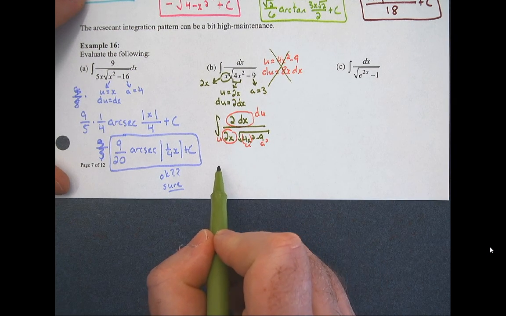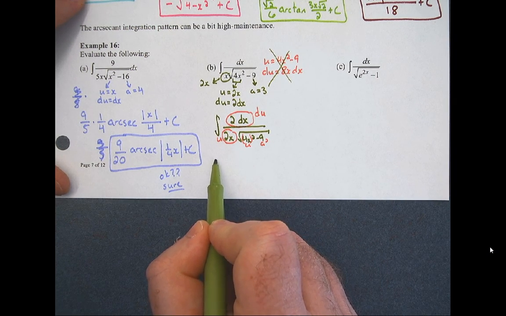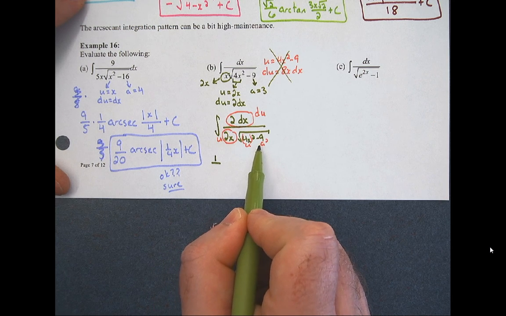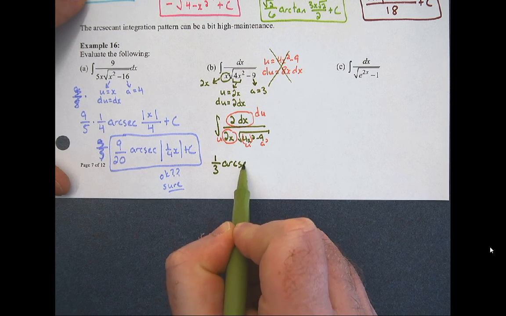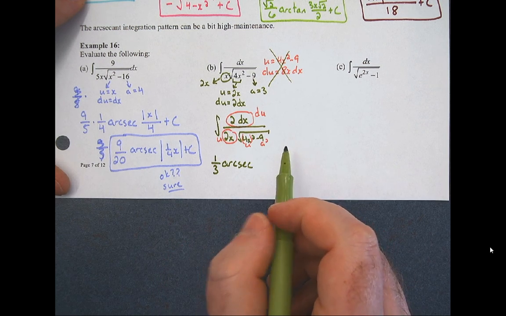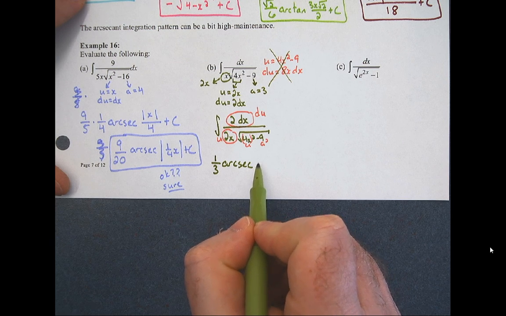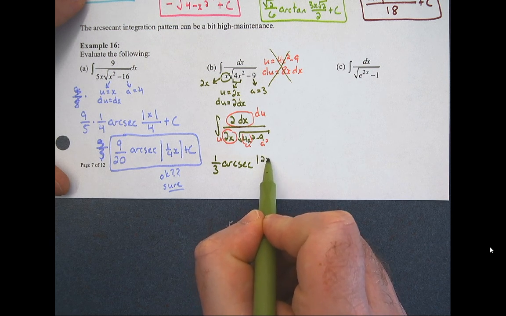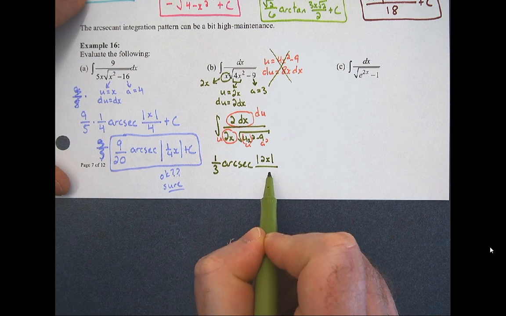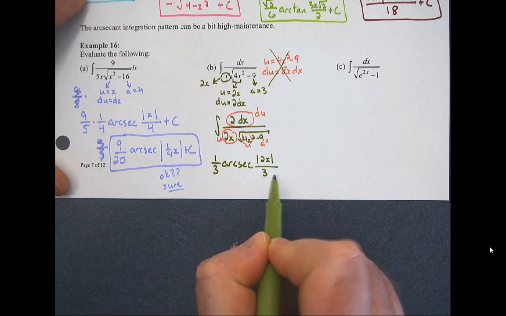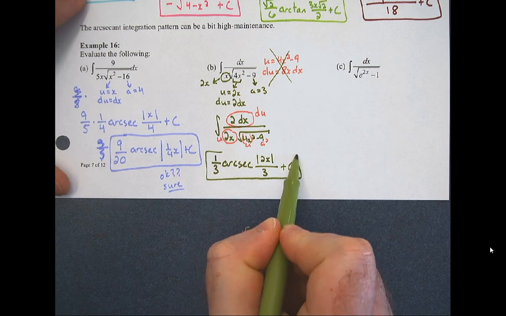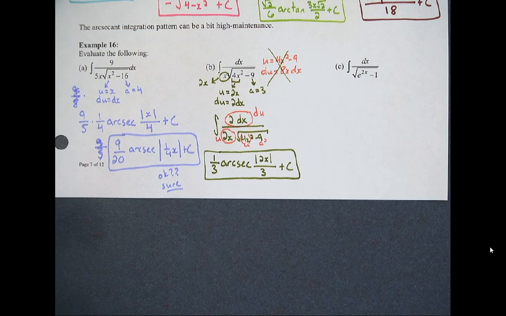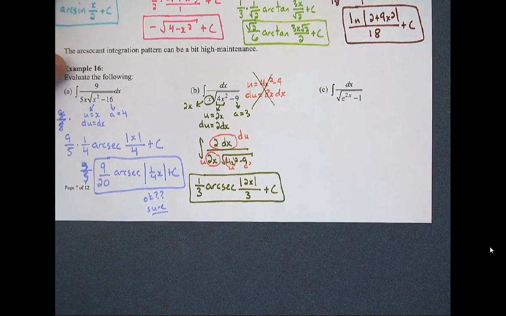So that's going to leave us with 1 over, we said our a value was 3, secant inverse of absolute u, which for us is 2x over a, which was 3, plus c. I told you, all kinds of nasty. Let's try the next one.